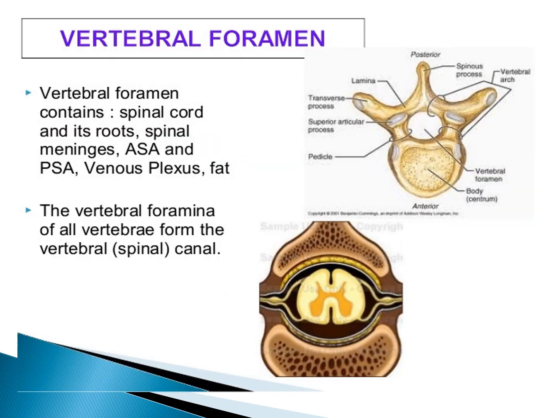Vertebral foramen contains the spinal cord and its roots, spinal meninges, anterior spinal artery, posterior spinal arteries, venous plexus and fat. Vertebral foramina of all vertebrae form the vertebral canal or the spinal canal.